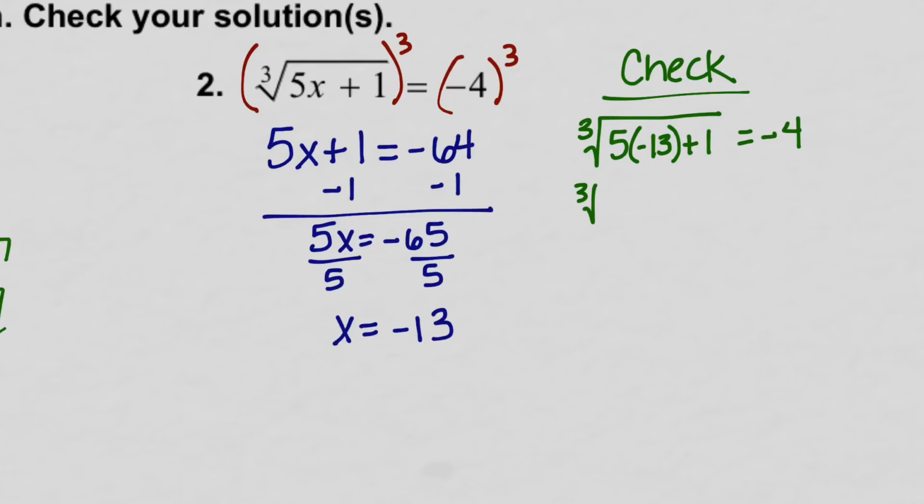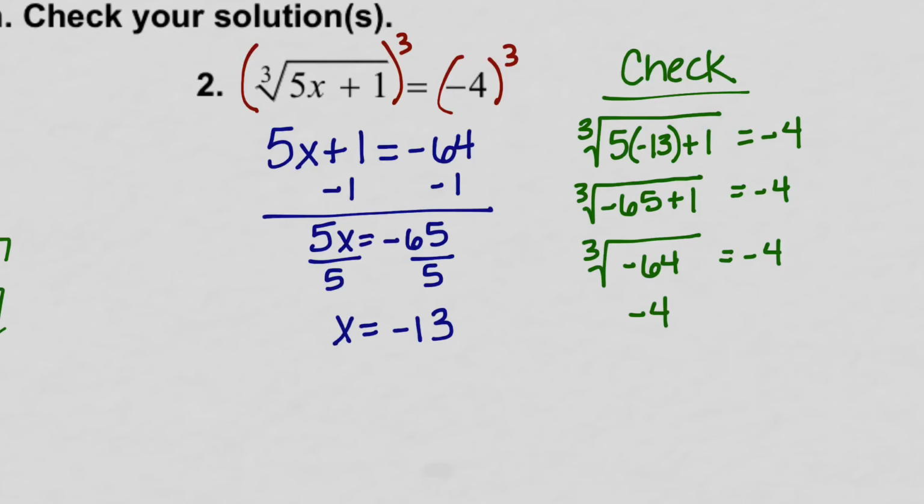So 5 times negative 13 is negative 65 plus 1. Let's see if this still works. So under the root, I get a negative 64, and the cube root is a negative 4. So this did work out, so I can now box this and say it is my answer.